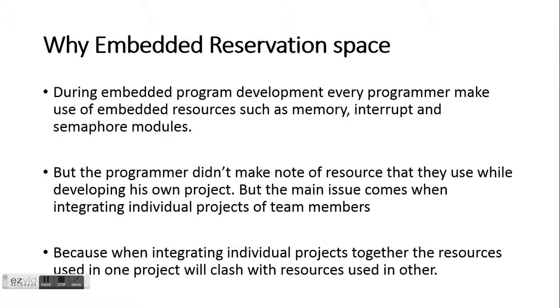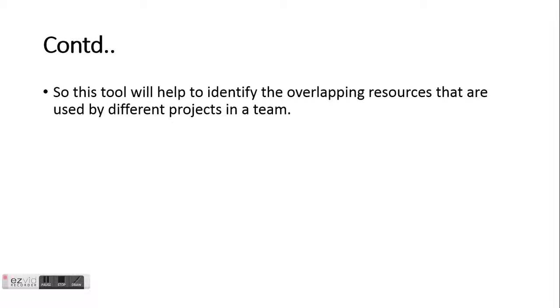The main issue comes when integrating the individual projects of the team members, because the resources used in individual projects will overlap or clash with the resources used in another project. So this tool will help you identify the resources that are clashing and rectify them, and you can debug the issue as soon as possible when you identify the problem.